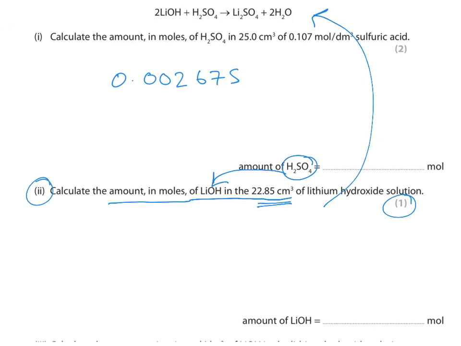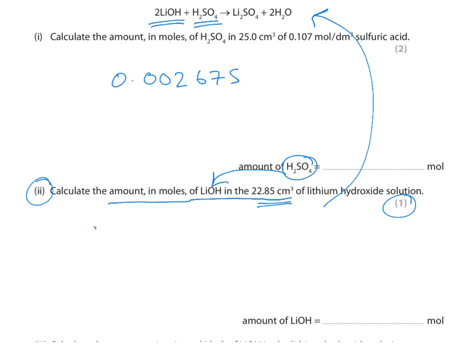So the balanced equation tells me 2 moles of lithium hydroxide react with 1 mole of sulfuric acid, because there's a 2 in front of my LiOH. There is no 2, so it must just be 1 lot of H2SO4.